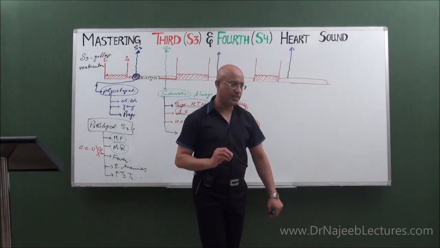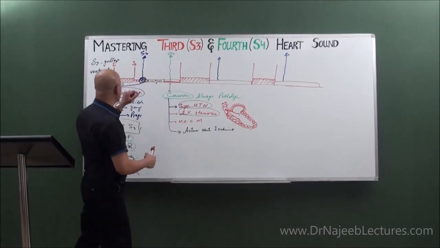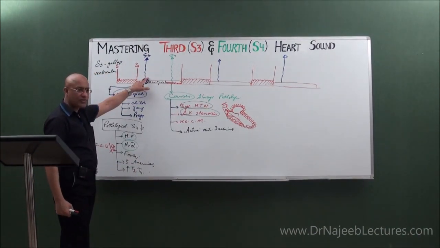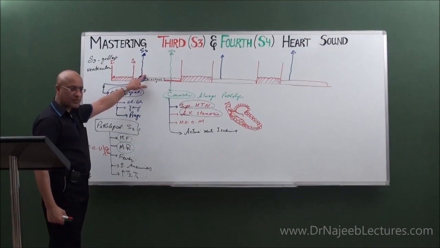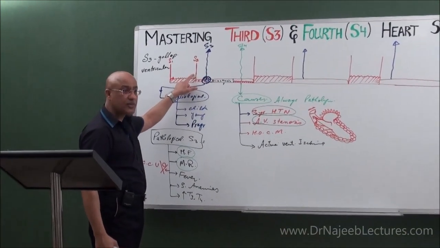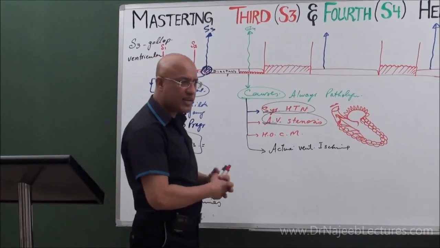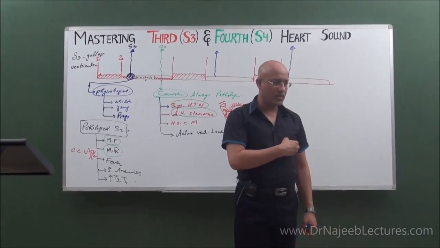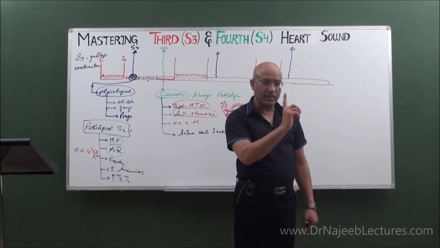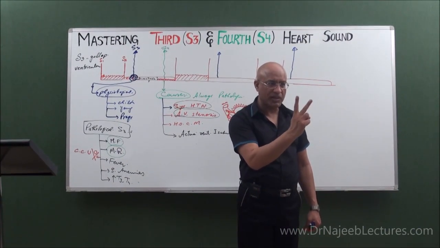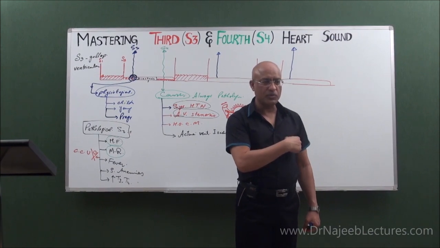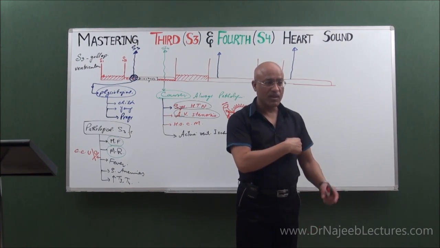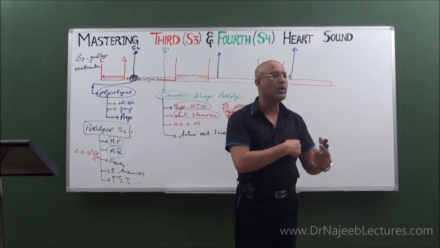Very easy to differentiate. As you know, S3 is a soft sound, low frequency sound. S2 is a harsh, high frequency sound. So simple as that. If you put a bell on the apex and you hear a double sound at the timeline of the dub after the lub, and you are confused whether it is split S2 or S3, very simple.